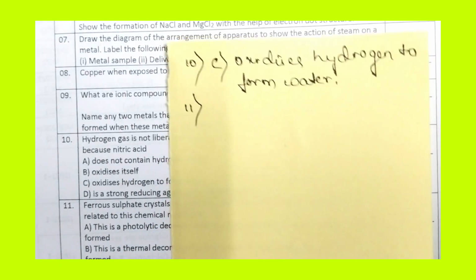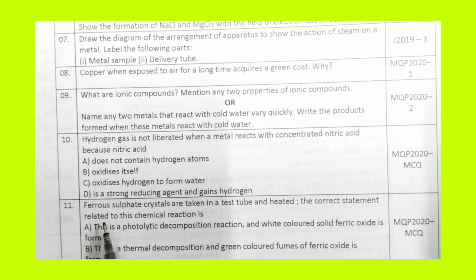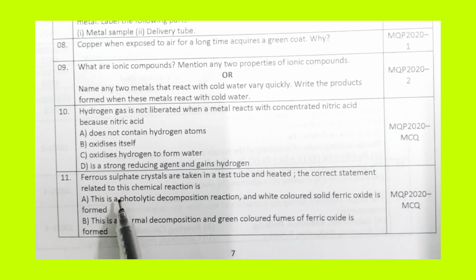Now let us move to the 11th question. Ferrous sulfate crystals are taken in a test tube and heated. The correct statement related to this chemical reaction is, this is a photolytic decomposition reaction. No, this is a thermal decomposition and green colored fumes of ferric oxide are formed.